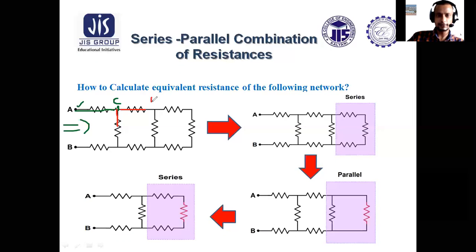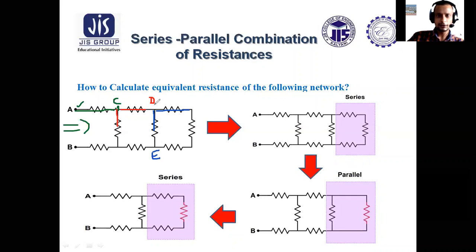When reached at D, you will get another two different paths. Now, suppose this is E point.